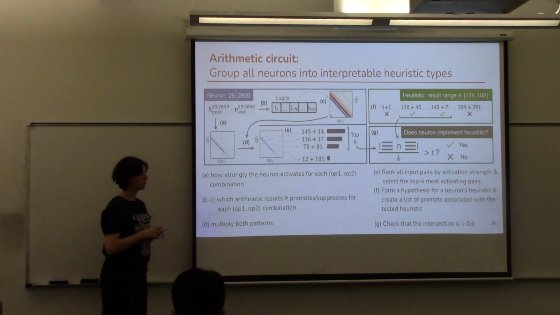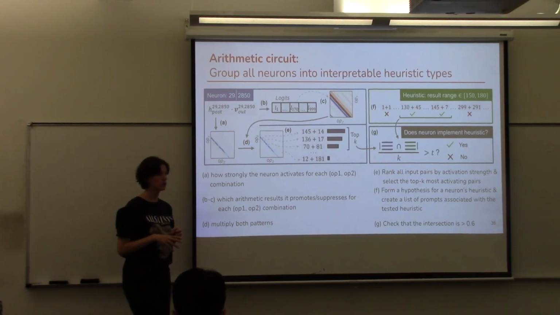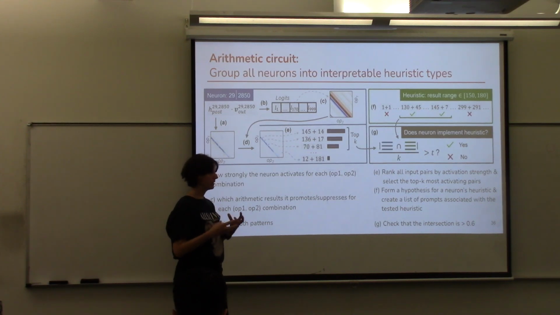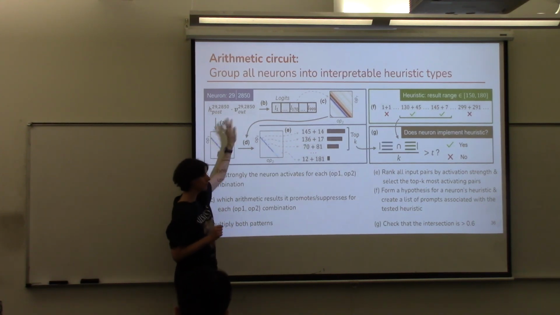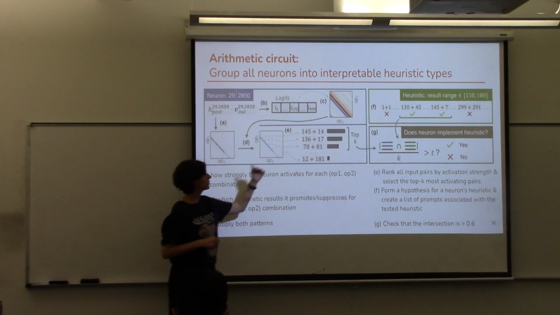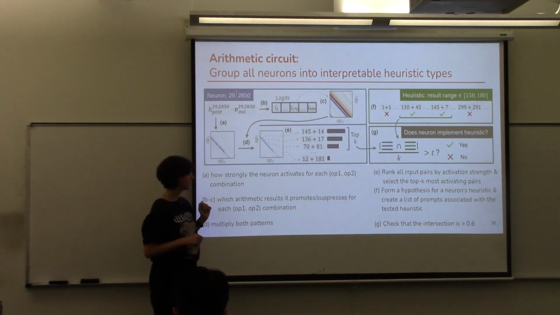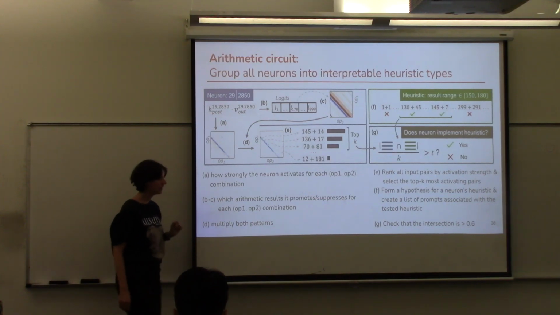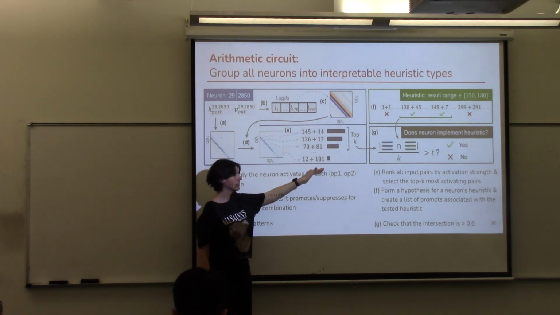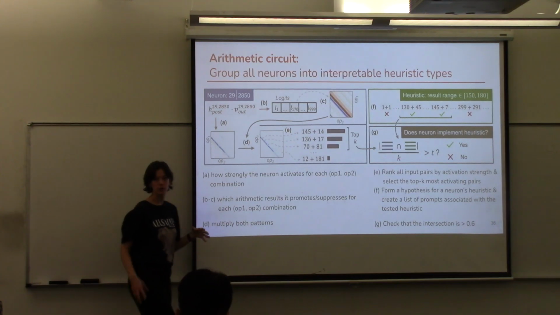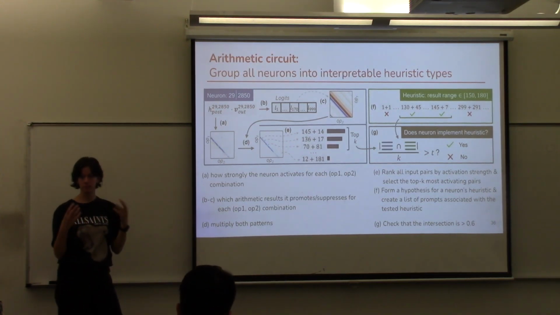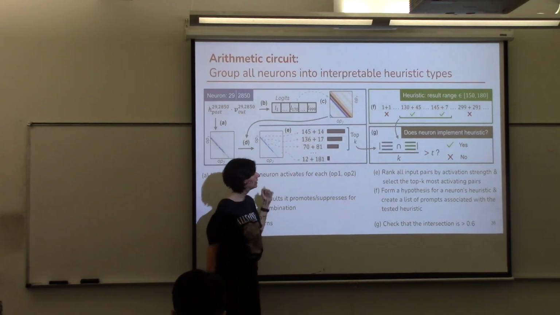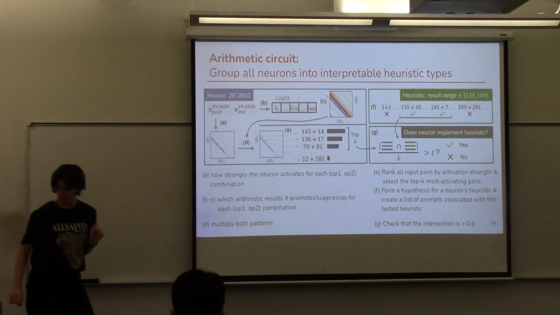And the idea is that with this multiplication, they are capturing not only what kind of operands this neuron is activating for, but also what kind of tokens it is promoting. And once they have this product of these 2 heat maps, they can then pass a lot of data and see what are the prompts for which this resulting heat map is very active, and they can rank the prompts. Okay, so they do that.